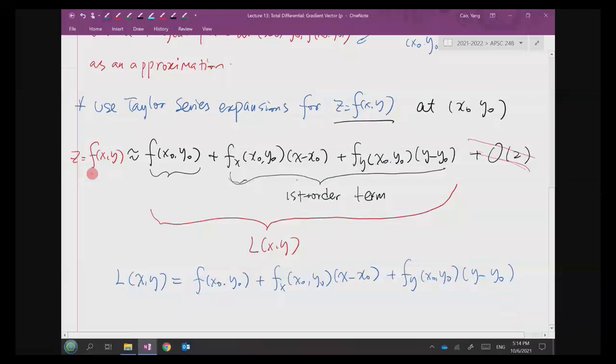So your original function f is approximately equal to this L, and L is defined by this whole long expression. I want you to take a close look at this L here.